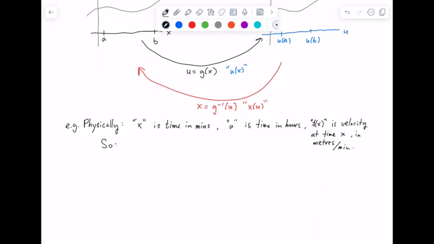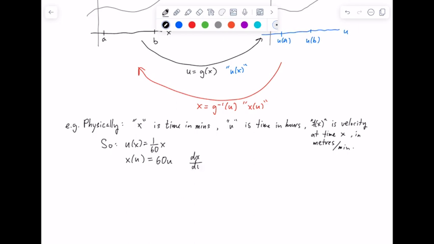So what does u substitution tell you? Well, u of x in this case would be 1 over 60 times x, just the conversion between minutes and hours. And the inverse in this case would just be x equals 60 times u. And we could calculate out what dx du ought to be.